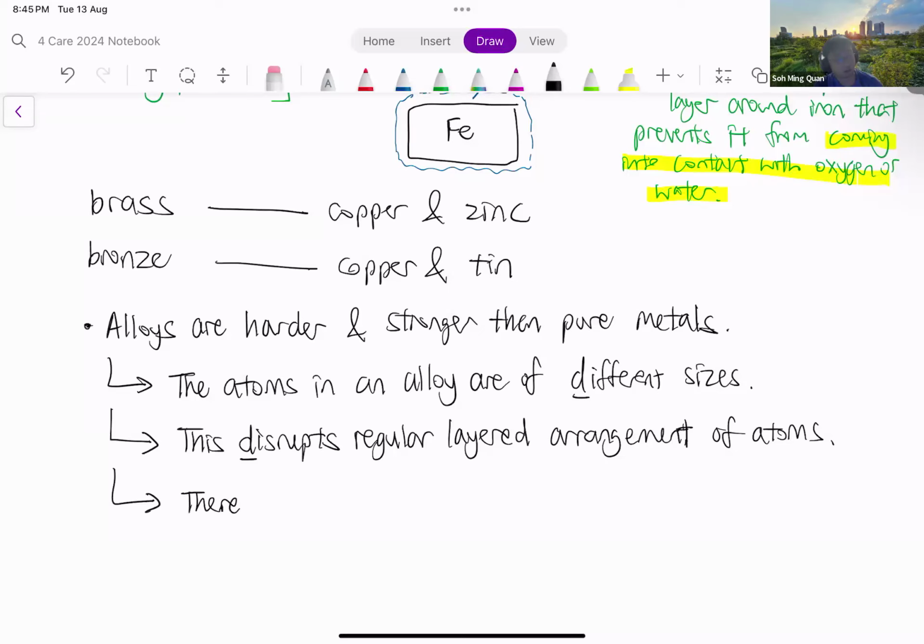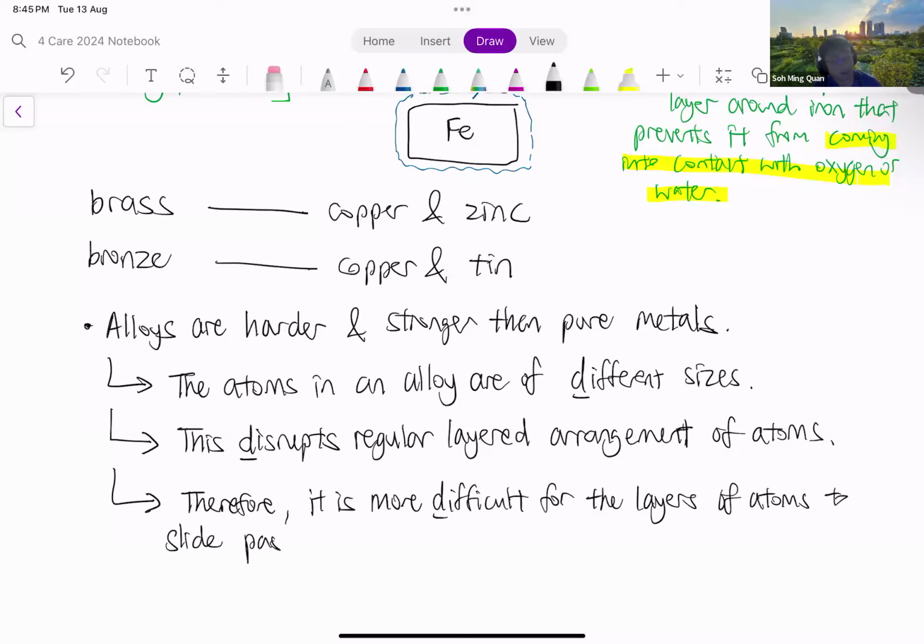Therefore, the last D, it is more difficult for the layers of atoms to slide past one another easily when a force is applied.